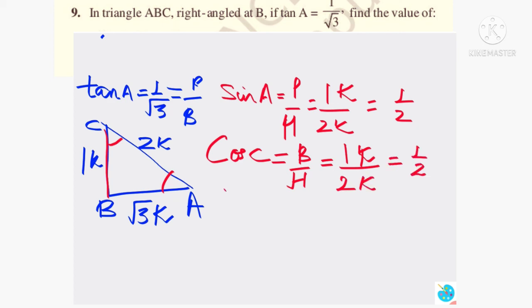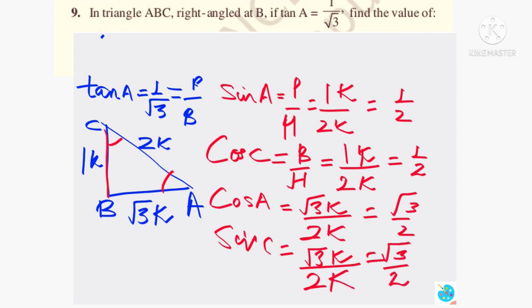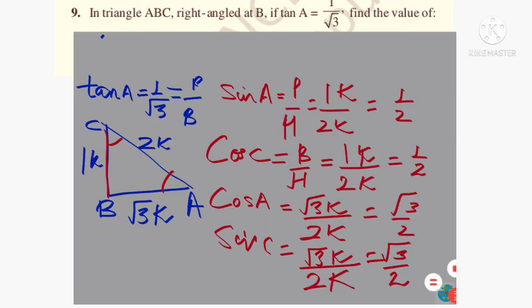Also I need cos A, so let us write down the value of cos A. Cos A is base root 3k upon hypotenuse 2k, so I get root 3 by 2, and value of sin C is also required. So sin C is, again P upon H, but now my perpendicular is root 3k upon 2k, I get root 3 by 2. So these are the four values which will be required in both the parts.